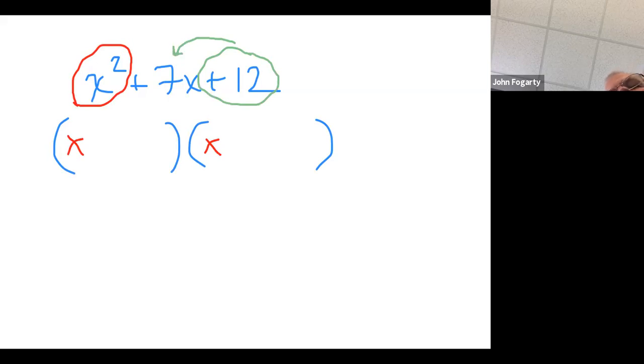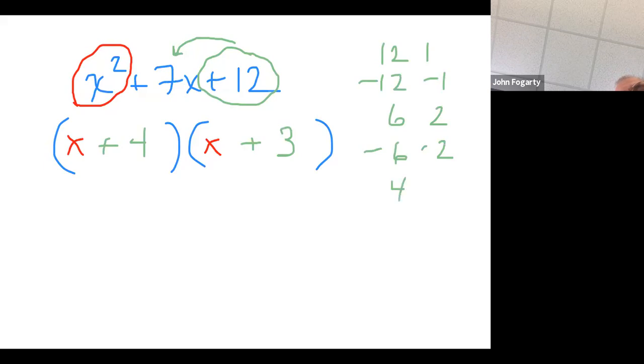Factors of a positive 12 that add up to positive 7. Hopefully we know that it's 4 and 3. But sometimes you might actually have to write this out. So you might have to go like this: 12 and 1, negative 12, negative 1. 6 and 2, negative 6, negative 2. 4 and 3, negative 4, negative 3.